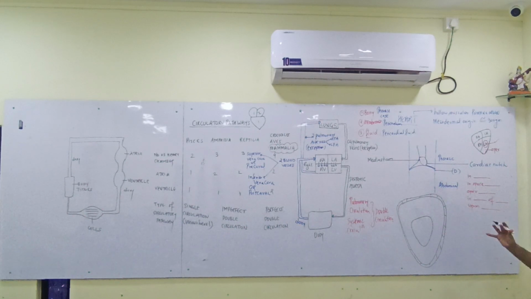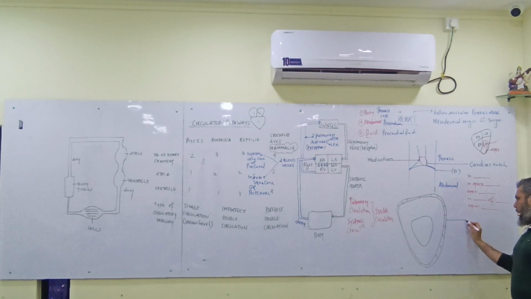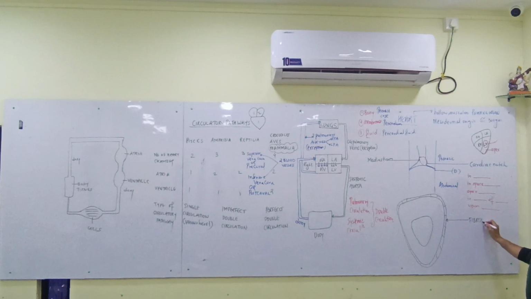Okay, and the outermost pericardium, which is tough, is called the fibrous pericardium. What do you call the pericardium? Fibrous pericardium.